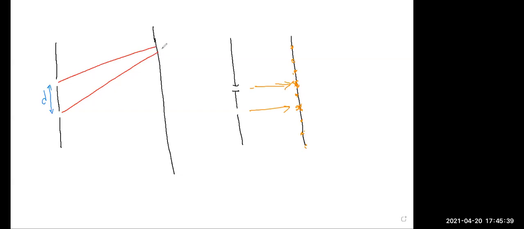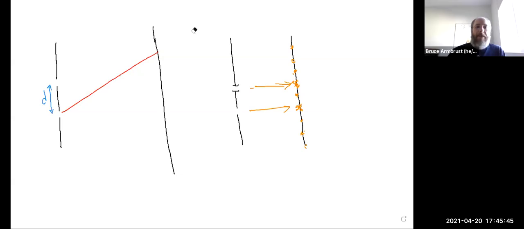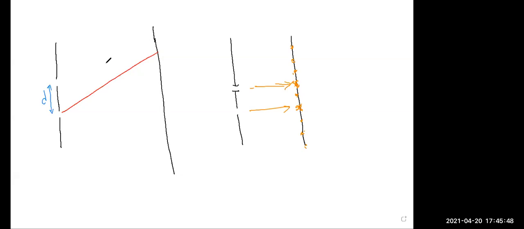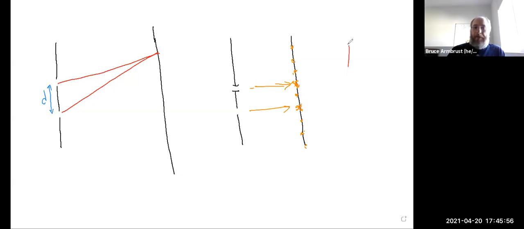Correct me if I'm wrong, but if it's the single slit, is it interfering with itself? Single slit, yeah. The way to think about it is, each of the points in this single slit are point sources for wave.